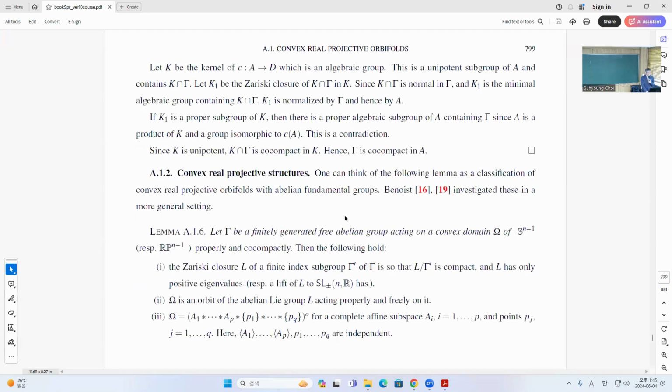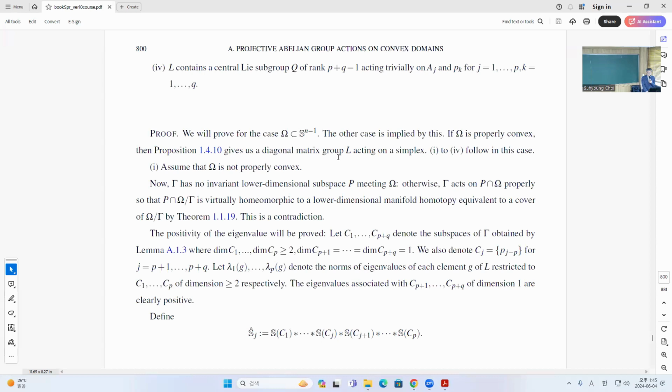Right. So the proof is that when omega is in S^(m-1), if it's properly convex, then this falls into that case.